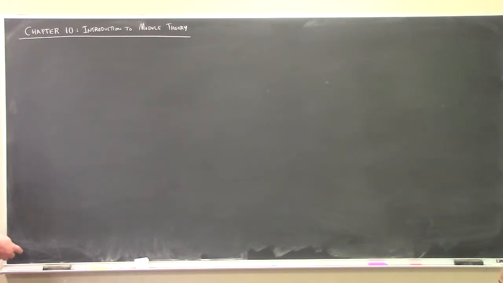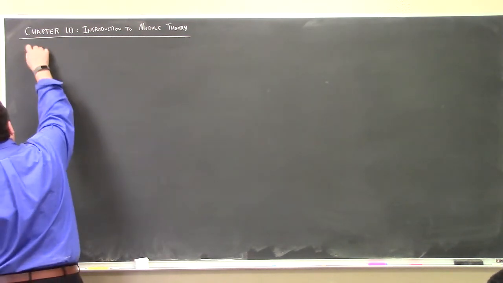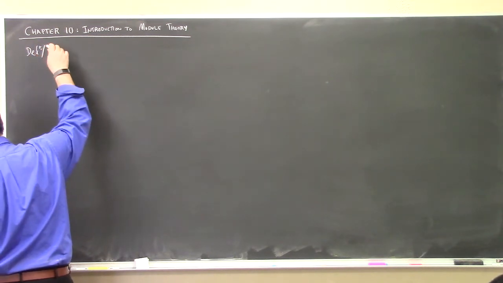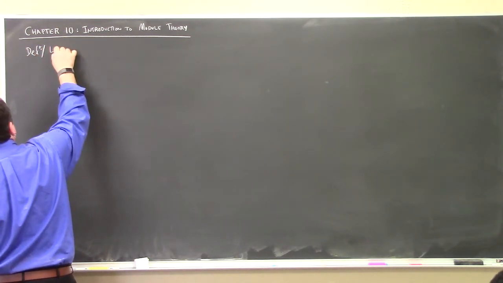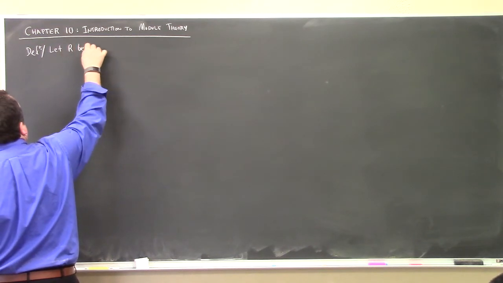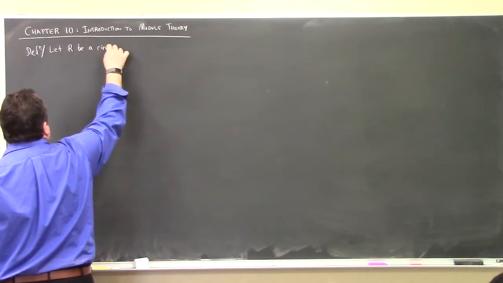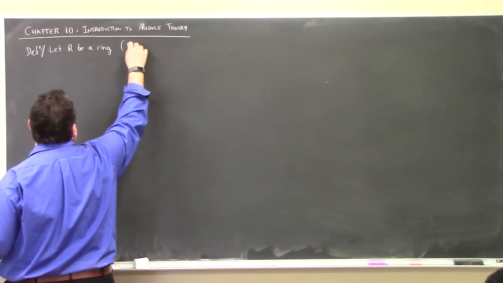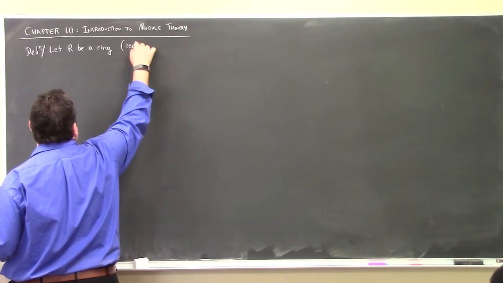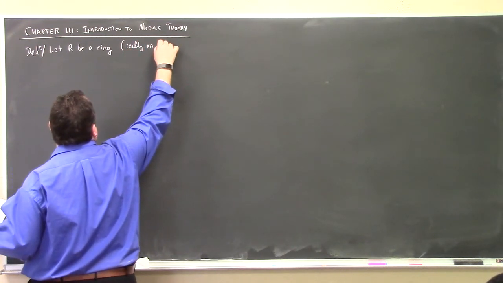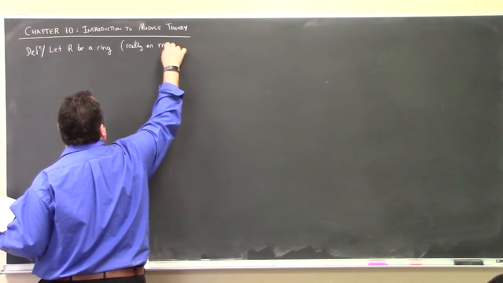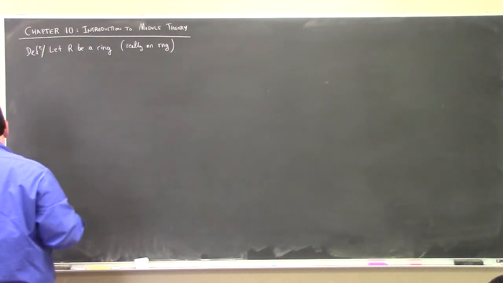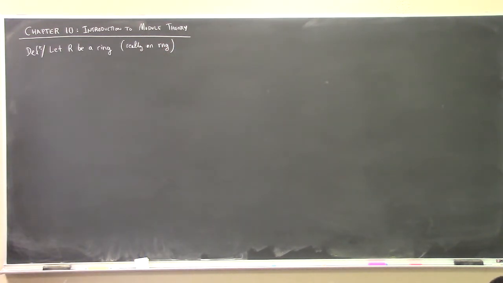So what's the definition of a module? Here we go. Let R be a ring, and in here, maybe I should say, really, a rng, because we're not assuming at the outset that R is commutative or that it has 1, right?